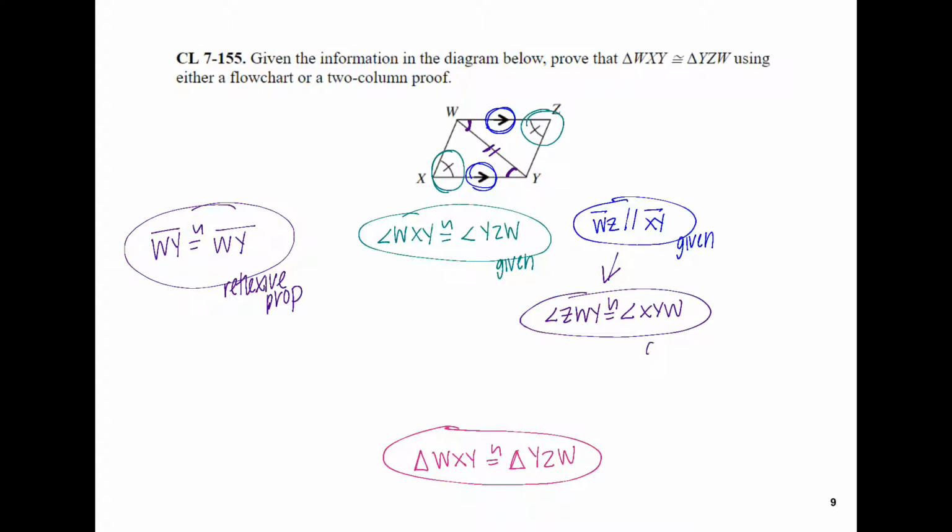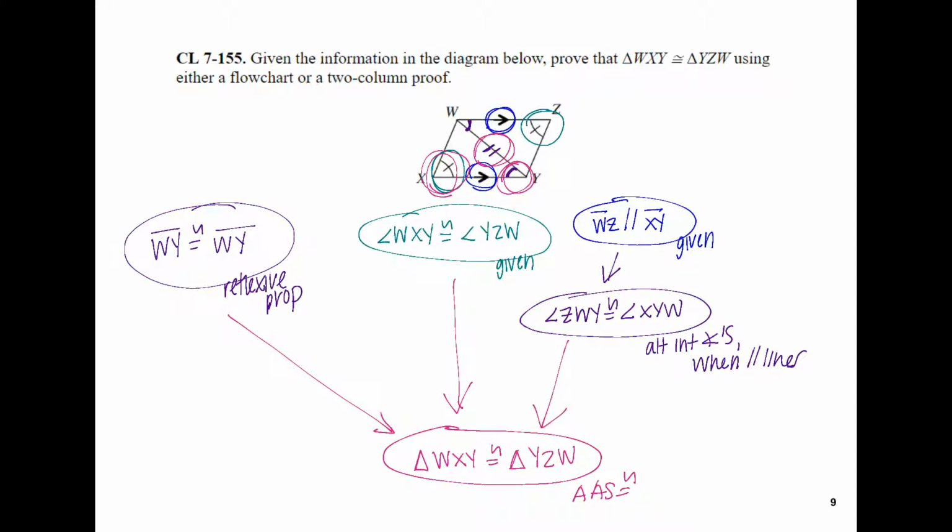My justification is because they are alternate interior angles when lines are parallel. So we now can conclude based upon angle, side, angle congruency that triangle WXY is congruent to triangle YZW.